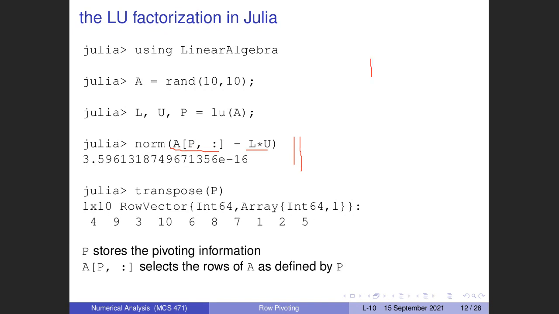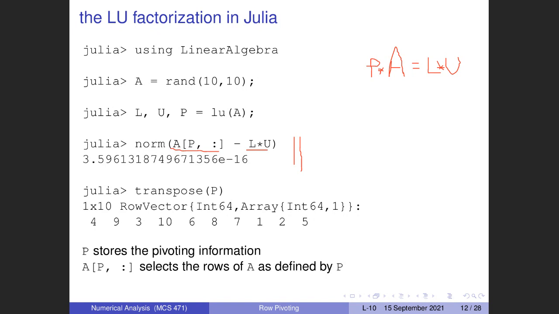So actually what we do is we have P times A equals L times U. You have two products sitting in here: the product with the permutation matrix, and the product of L with U. Now we said that the product with the permutation matrix is a matrix multiplication.